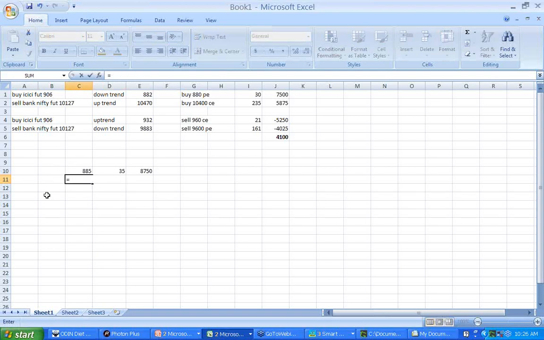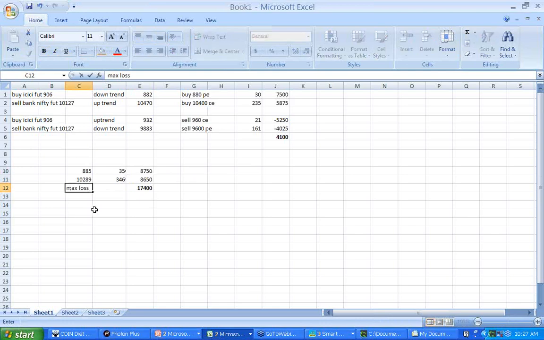How much liability can I get here? 10,127 added with 162.29. So 10,400 I have the call option, minus this one, added with 235. So this much is what I can lose. If the trade goes against me, I can lose this much. So the maximum loss set for the trade is 17,400 if I am holding till expiry.